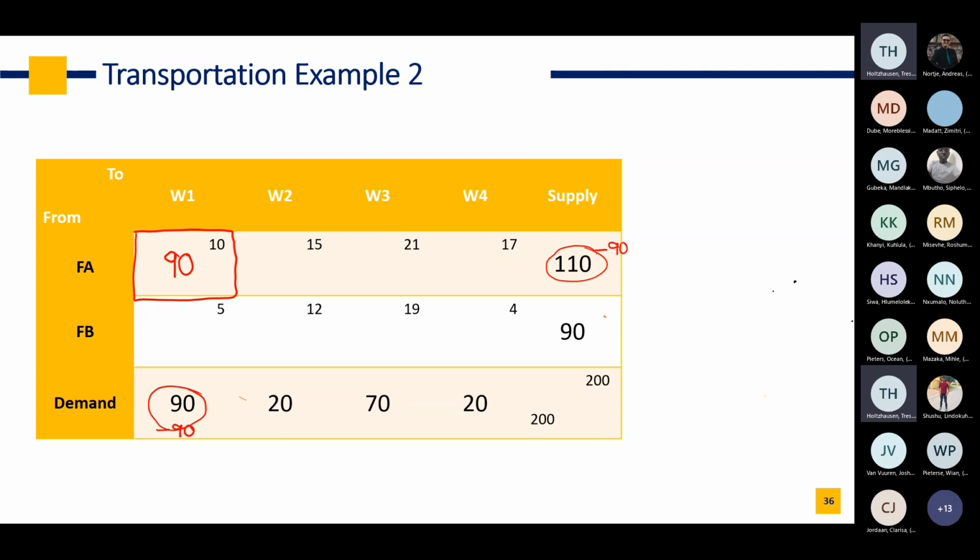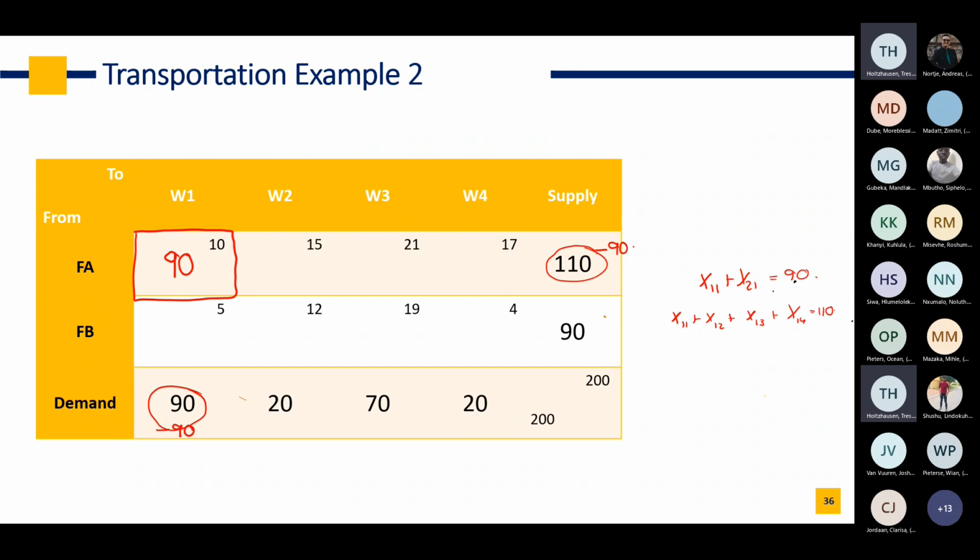And why you're subtracting it from both sides is because, remember, these are constraints. So remember, it was constraint x11 plus x21 must have that 90 kind of situation. And then you have x11 plus x21 plus x12 plus x13 plus x14 is equal to 110.